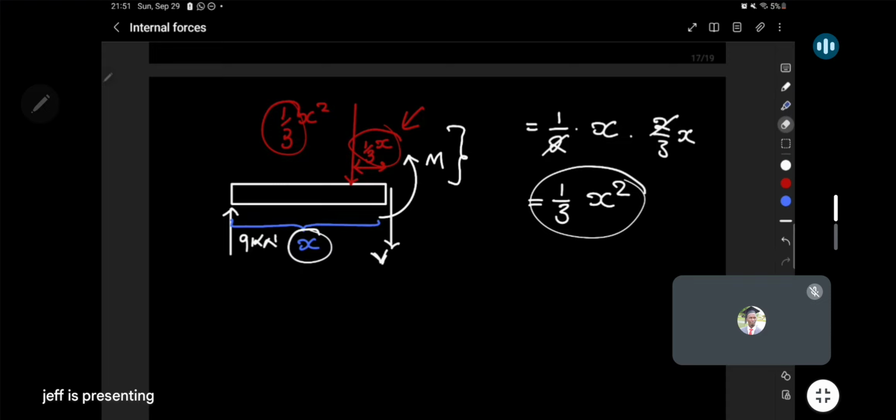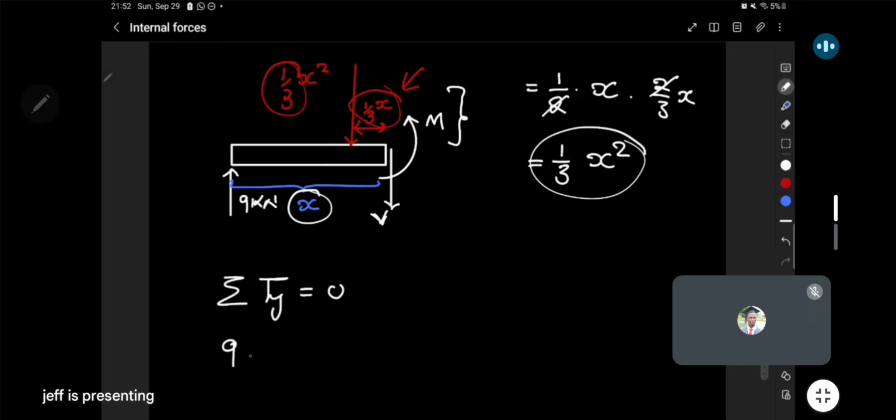Having done that, we can now start finding the shear force. To get the shear force, just sum forces. The sum of forces in y is equal to 0. We see that the 9 goes up, positive. The shear force V here goes down, negative.